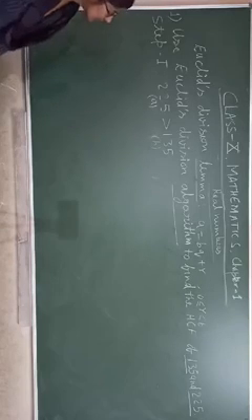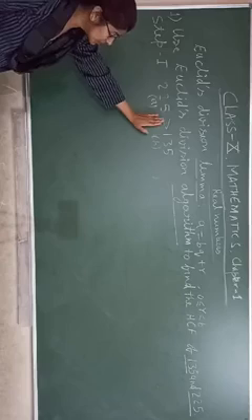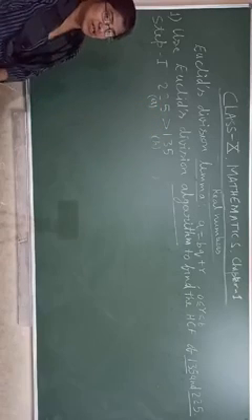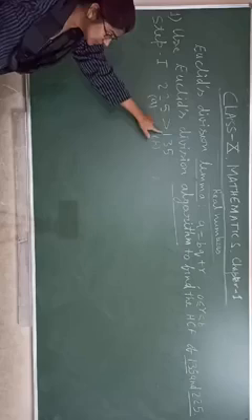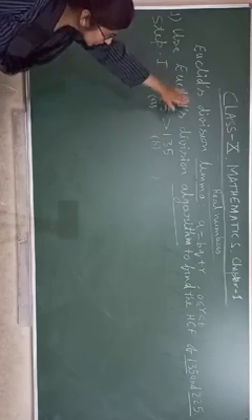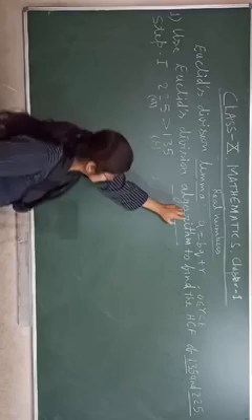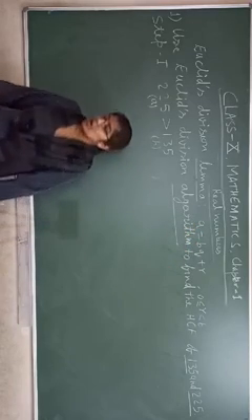We have to choose the greater number and the smaller number, and we divide the greater number by the smaller one. When we do Euclid's division lemma, we do the same thing, greater divided by smaller.